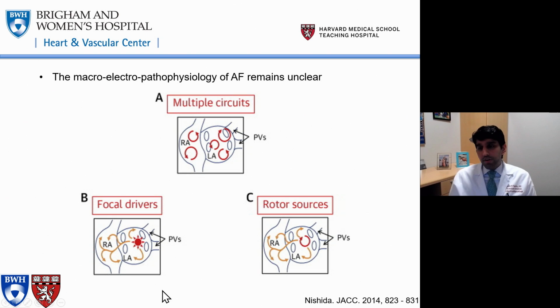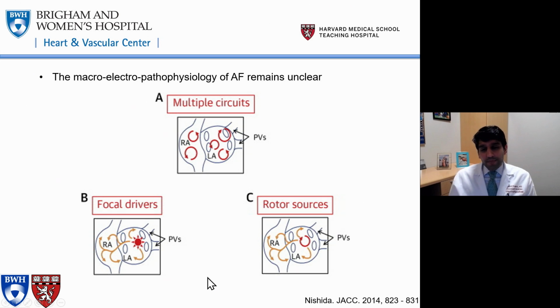So there's just one part of the atrium that just decides to fire and fire rapidly. That allows for degeneration of the conduction through the atrium into what we would call fibrillatory conduction, giving the appearance of atrial fibrillation. Again, this is probably true for some patients, and some patients probably have an amalgamation between both multiple circuits and focal drivers.